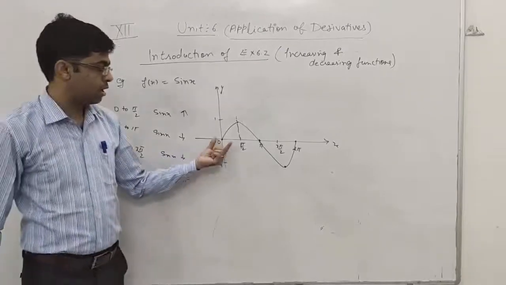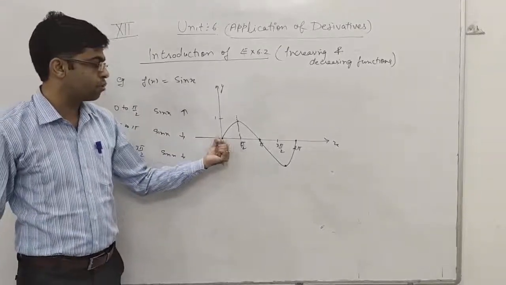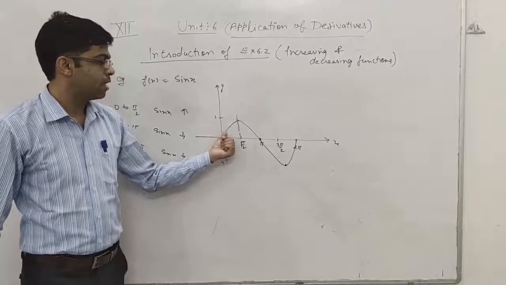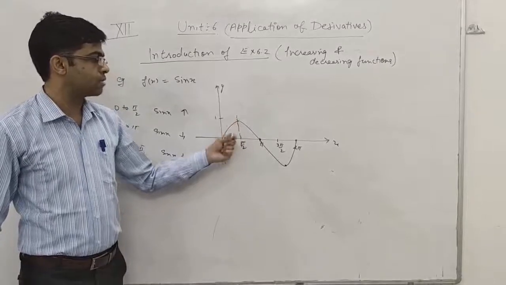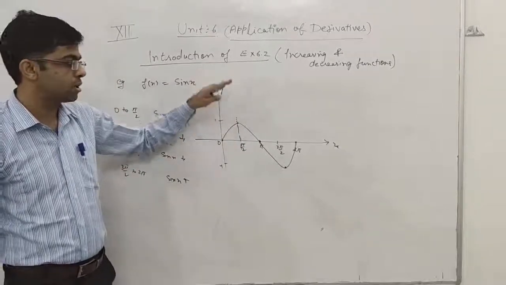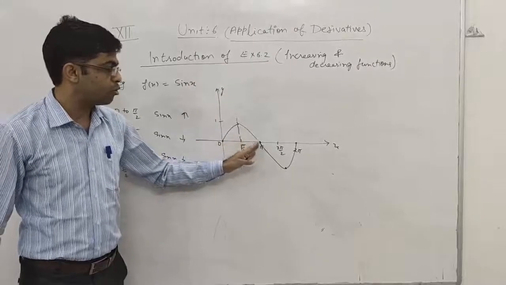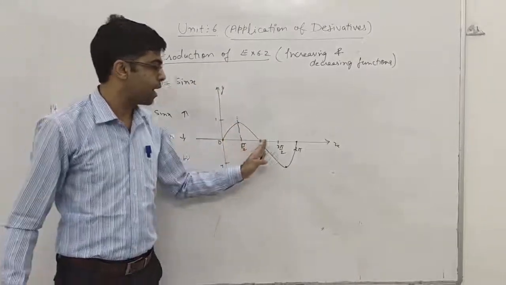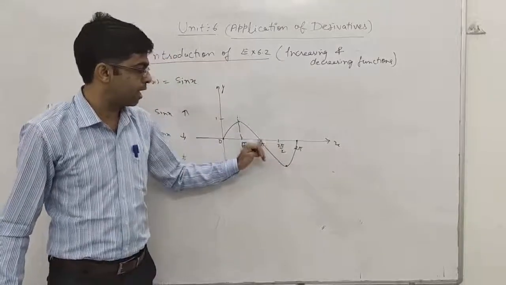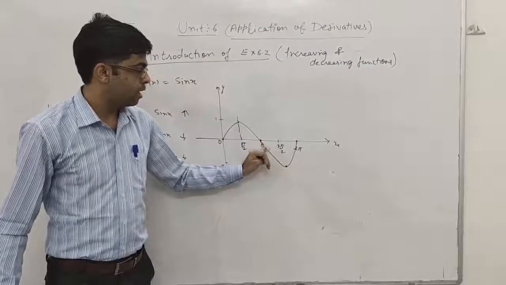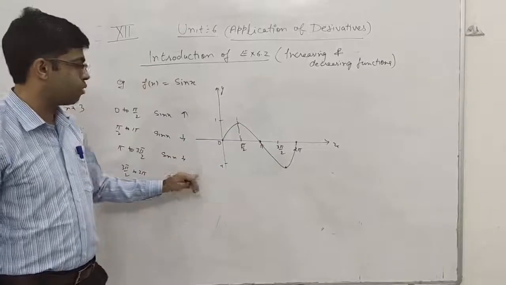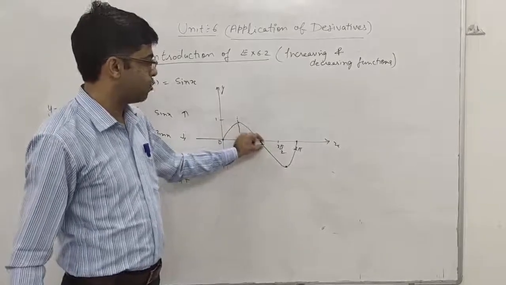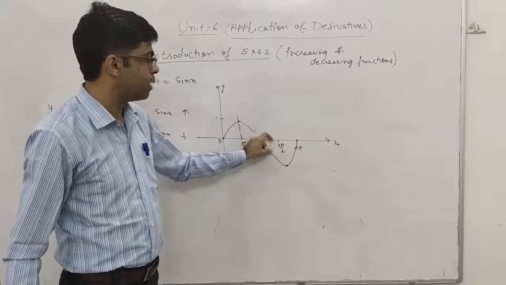As you are taking the interval between 0 to pi by 2, you are increasing the angle, and the value of sin x, the function value, goes increasing. Now pi by 2 to pi, as you are increasing the angle, the value is decreasing. Then pi to 3 pi by 2, you are increasing the angle, and the value is going to decrease.